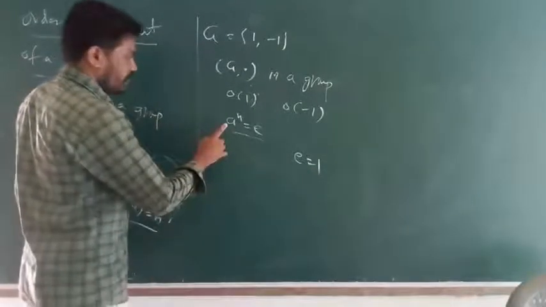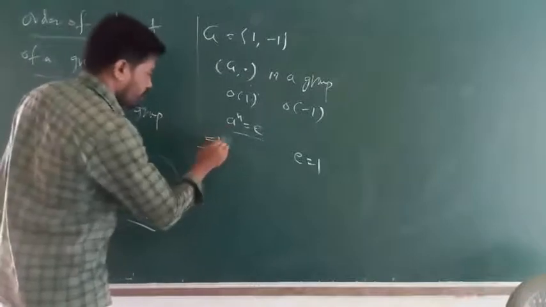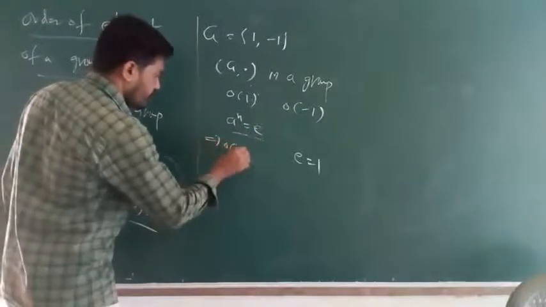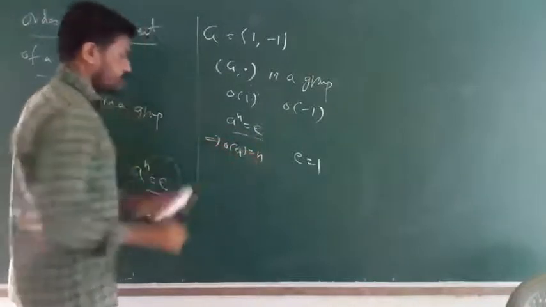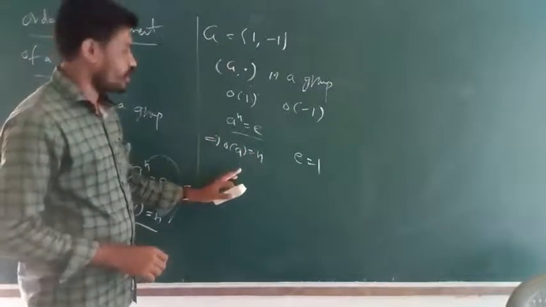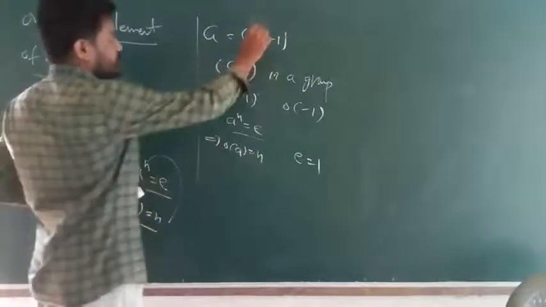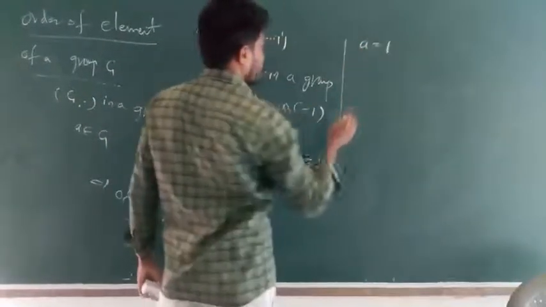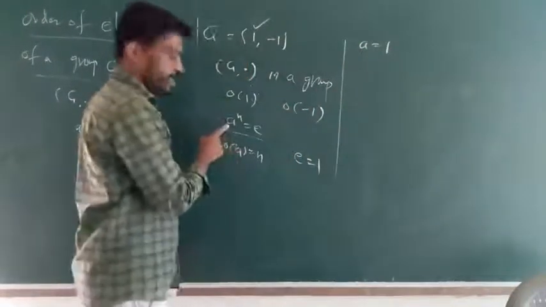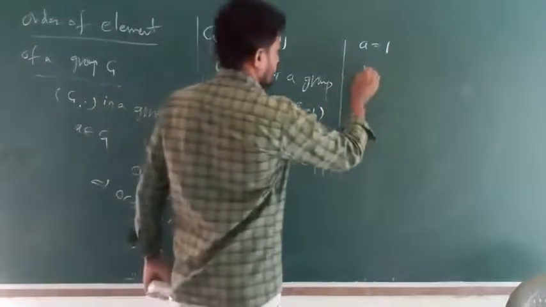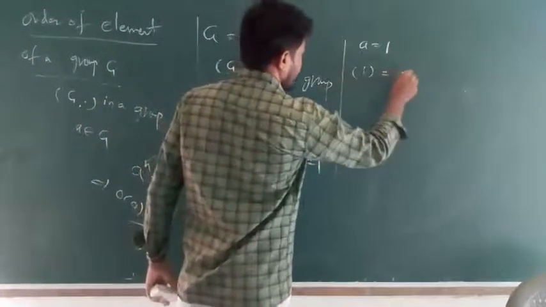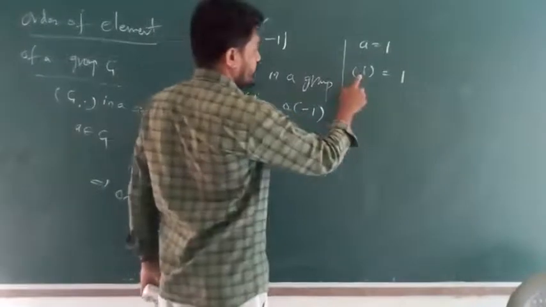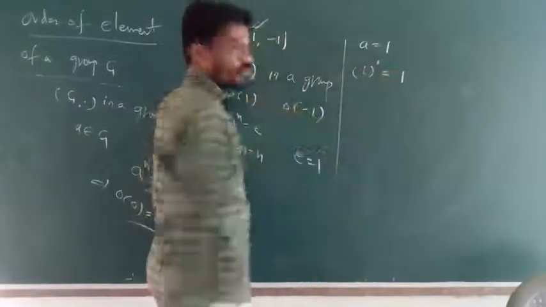Next, apply this definition. A power of n equal to e, order of a is equal to n. This is the definition of order of an element. So first you select a equal to 1. Applying this condition, a power of n means 1 power of what? The identity element is 1, so 1 power of 1 is equal to 1.